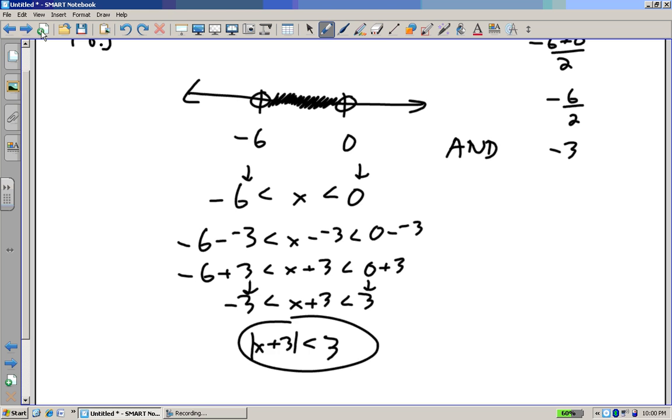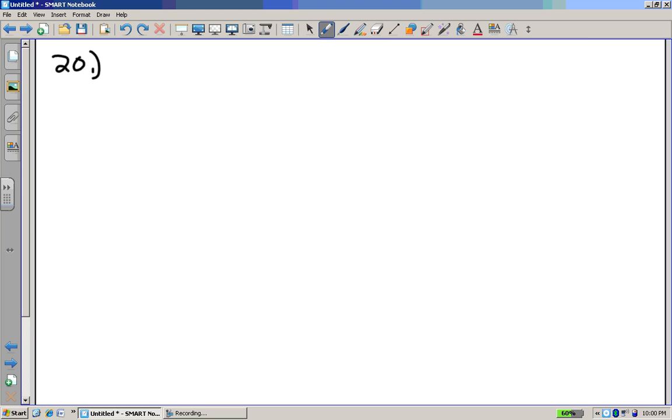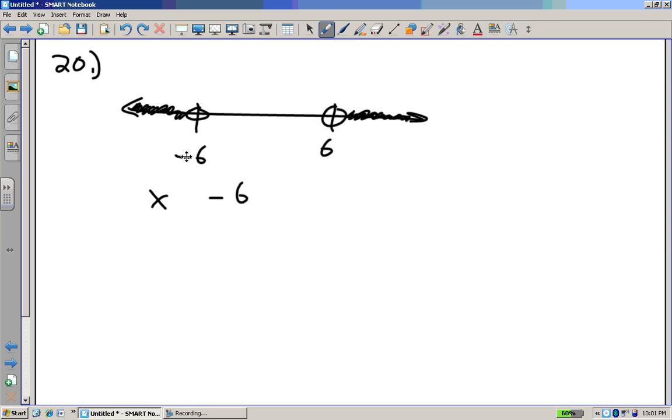Okay, let's finish off by doing number 20. In this case, we have an or statement. All right, so if you think about this, as long as the variable's on the left, the sign will match which side it's going to.